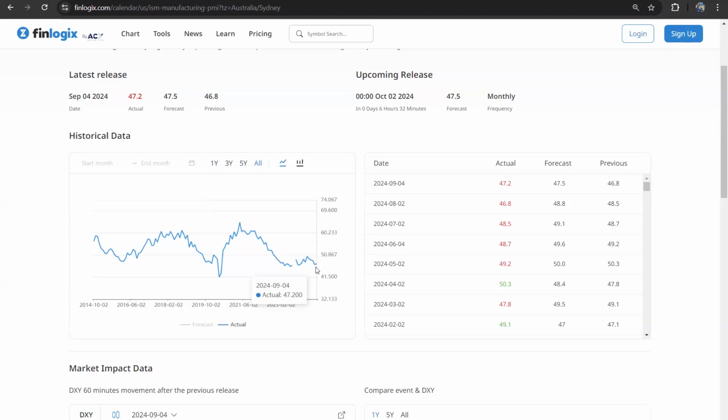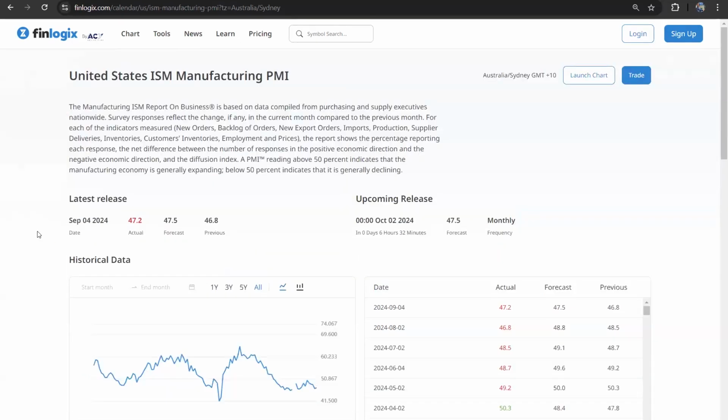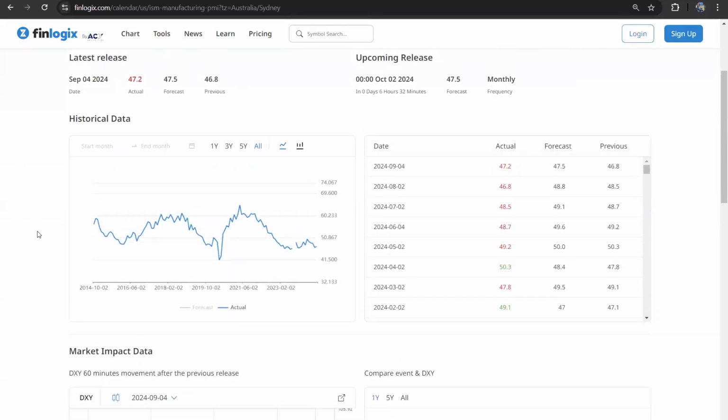So if we continue to have a manufacturing PMI coming lower, okay, what does this indicate to me? I'm going to let some people think about it and send an answer on the chat. Let's see if you guys sort of get it where I'm coming from.